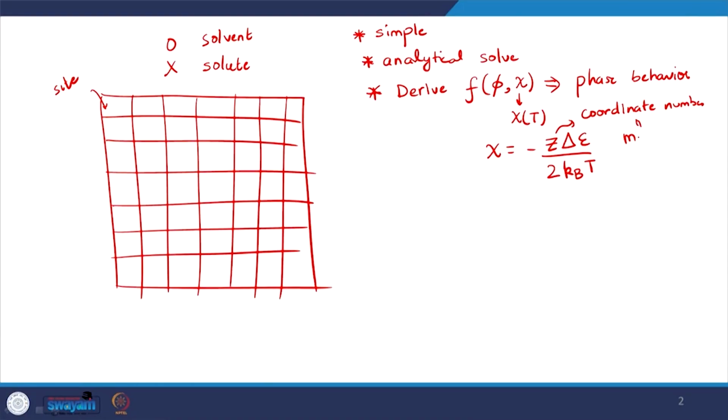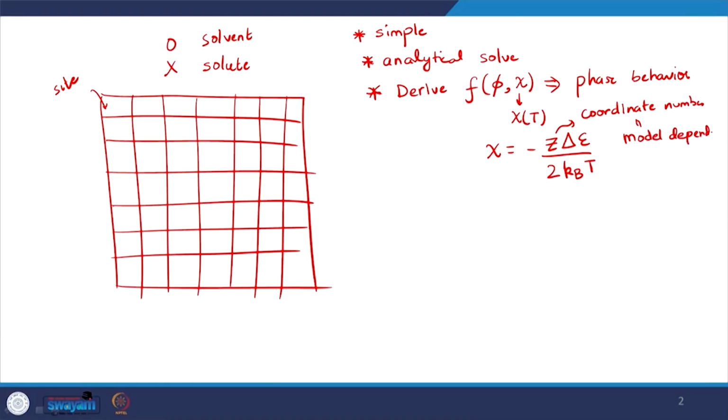But clearly, since the original idea was that the solute and solvent are occupying continuous space, there was no lattice in reality, it was only an assumption. This z happens to be in some sense model dependent.